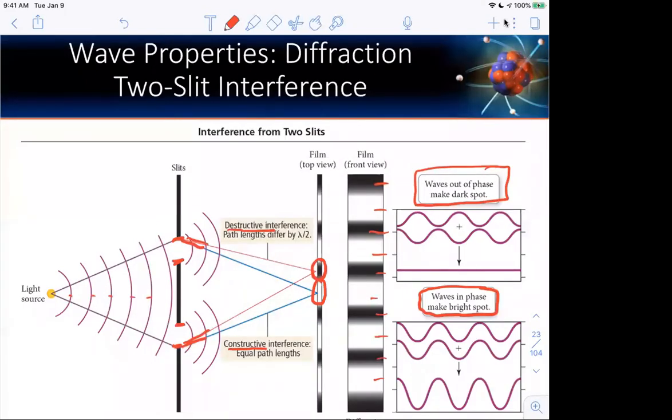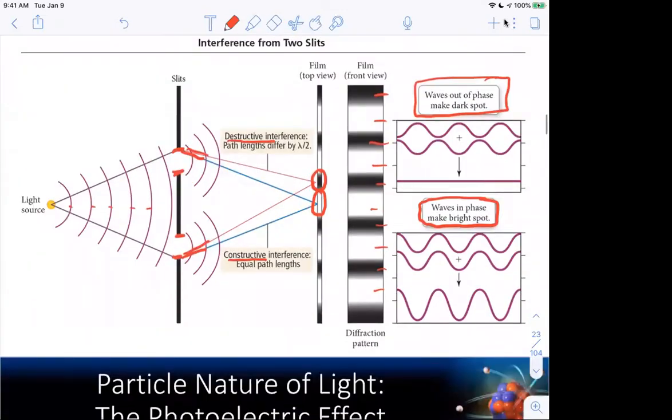I get this very classic interference pattern, which indicates that I have a wave, and I can do a lot of calculations based on the actual diffraction. X-ray crystallography uses diffraction to figure out sizes of atoms and arrays of atoms in a crystal structure. So it's actually a pretty cool method.